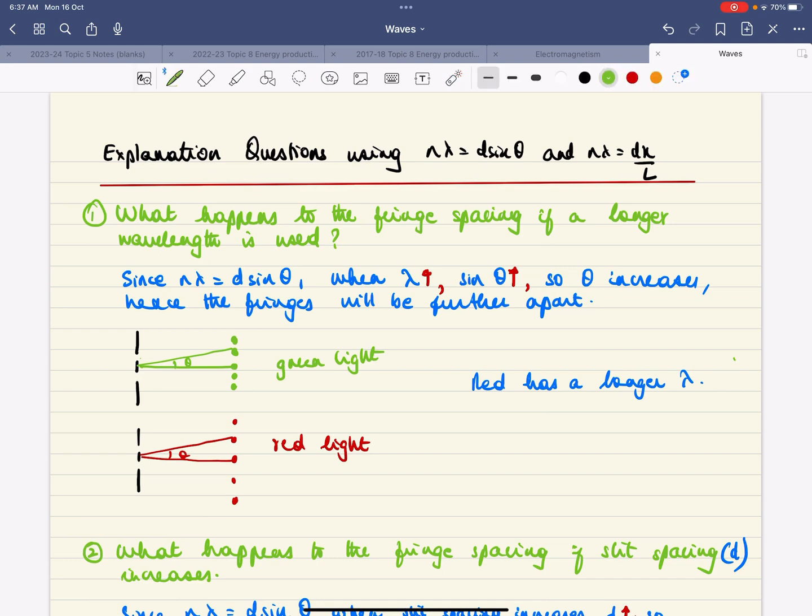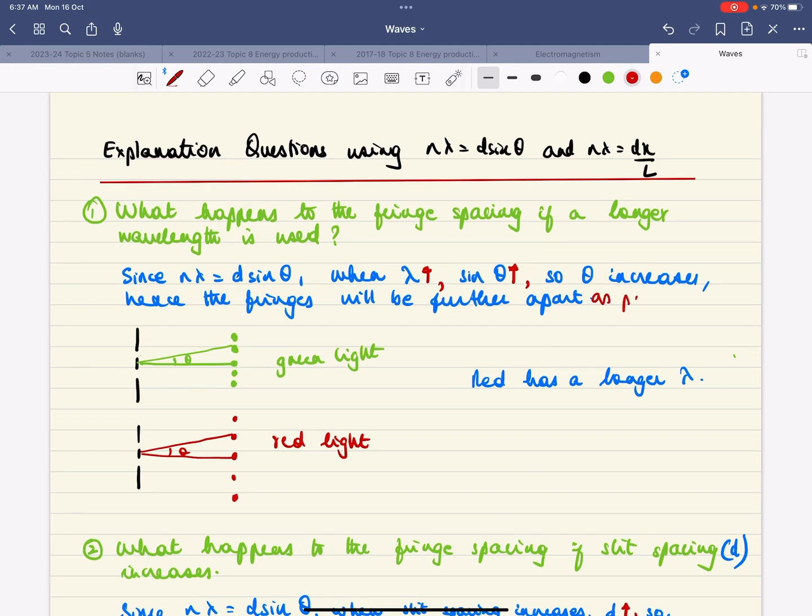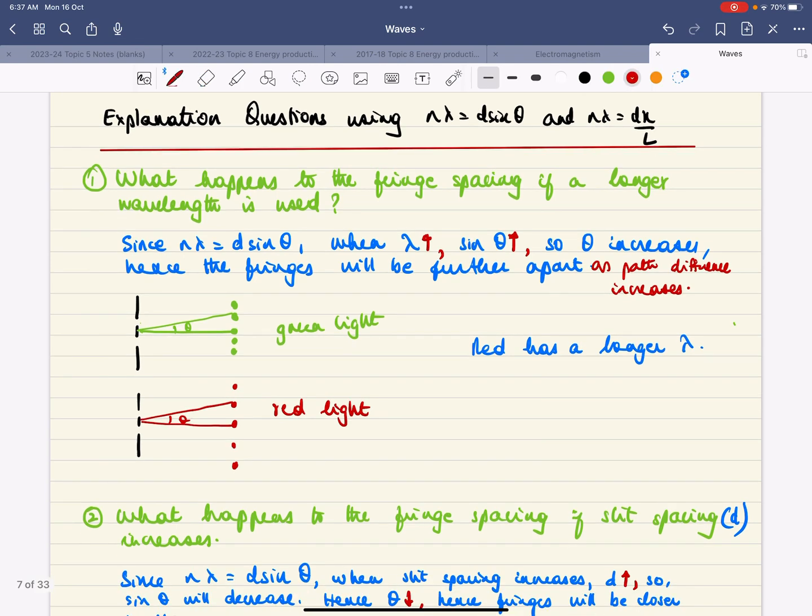So the other thing you could add is that path difference, because that is your n lambda, increases. So that's quite a good thing to add on to this, for you to get all your marks in an exam.